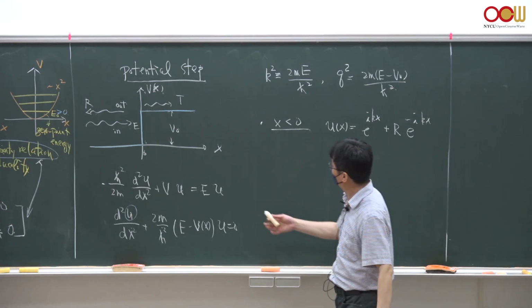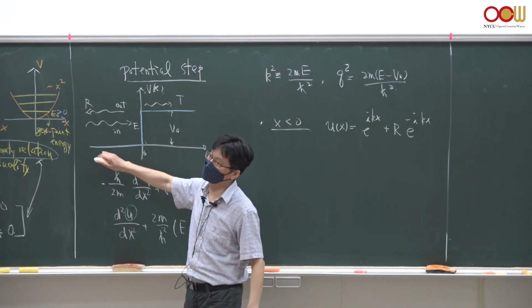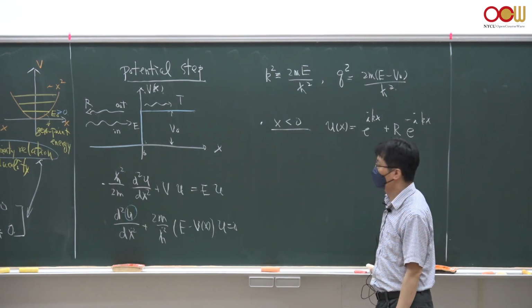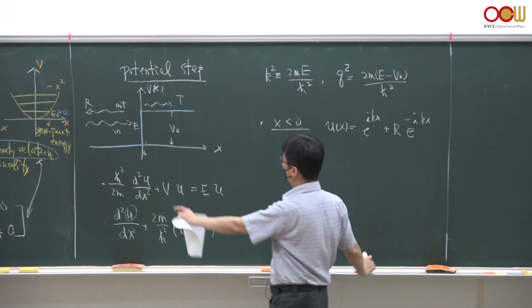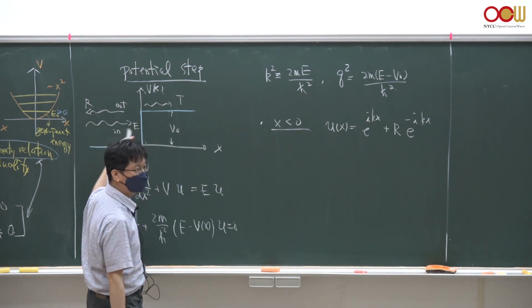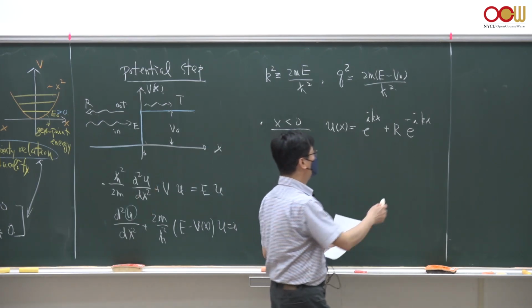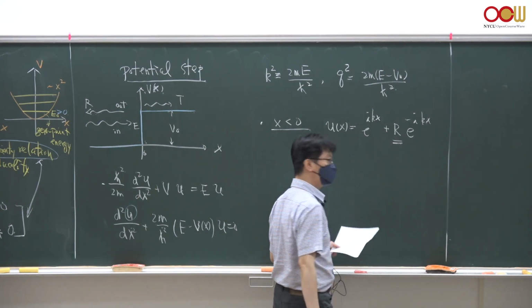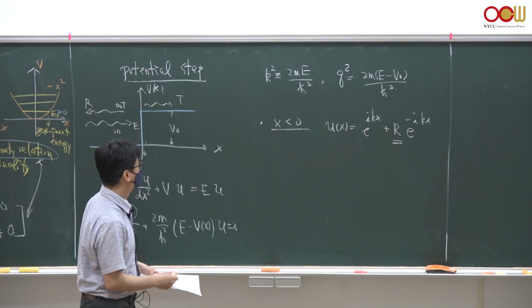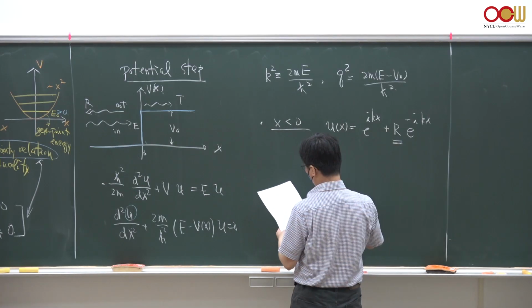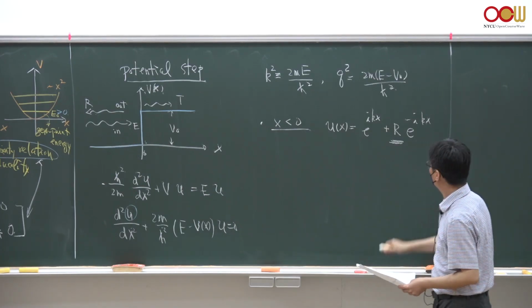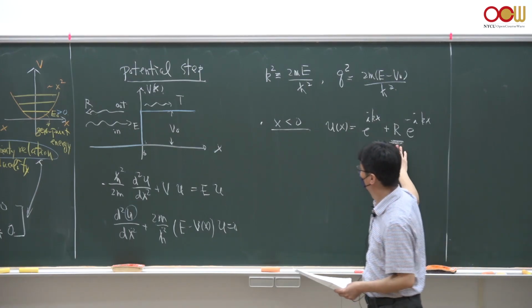The first case, when x is negative, we know that the potential vanishes, and in that region you may have just the incoming plane wave and also a reflected particle with a coefficient capital R. So in this case, we could try to find out what this capital R is.